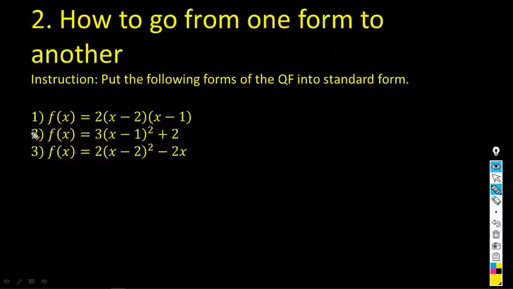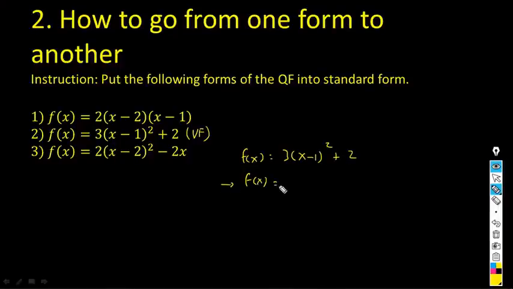Next, number 2, f of x equals 3 times (x minus 1) squared plus 2. This is in the vertex form. And how do we go from the vertex form to the standard form? Following the same idea. We just multiply everything that there is to multiply or expand, and that's it.